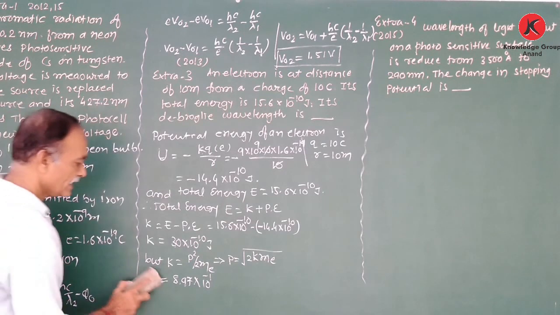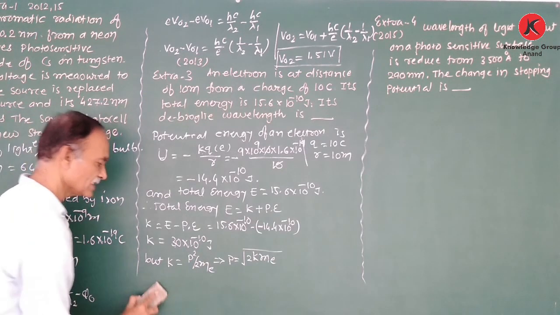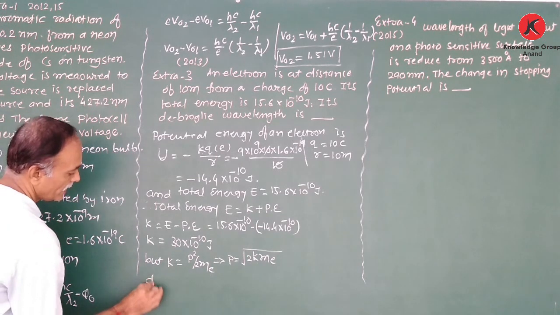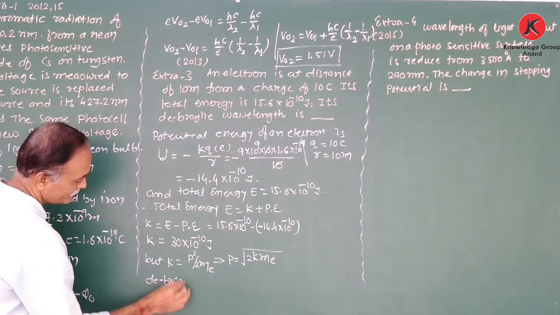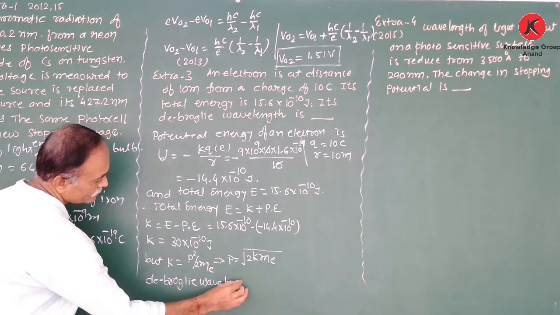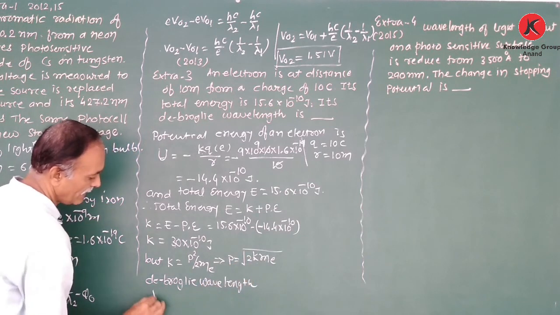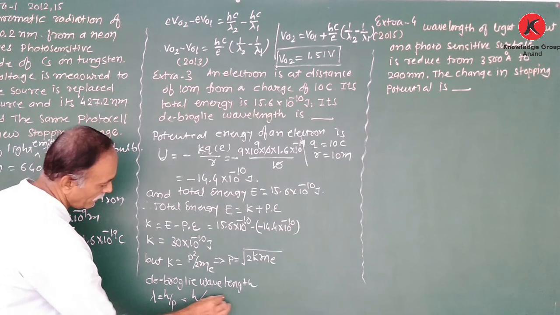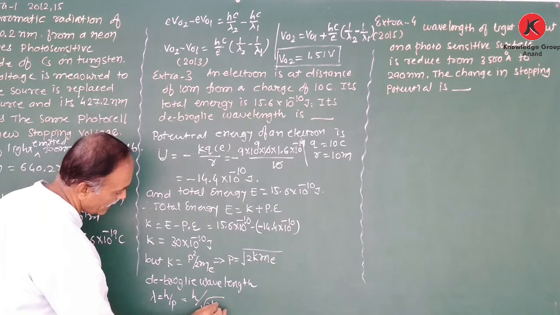Just a minute. Here directly we substitute this in the de Broglie wavelength. Okay. Therefore, de Broglie wavelength lambda is equal to h upon p is equal to h upon under root of 2Km.